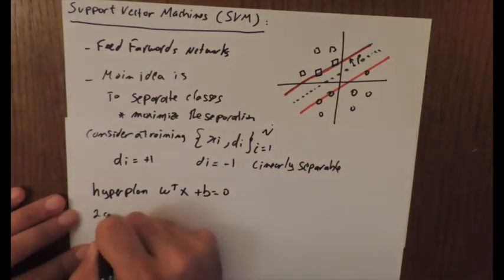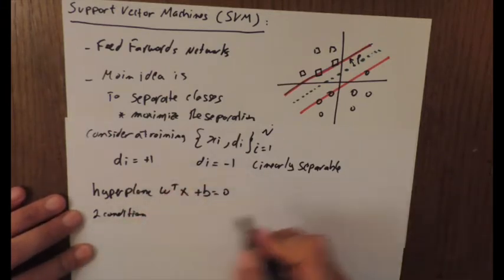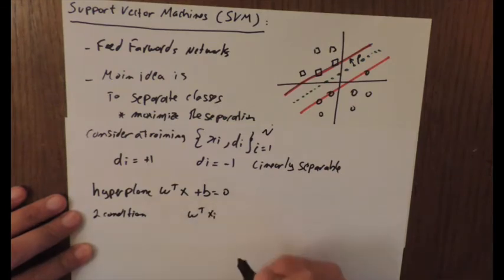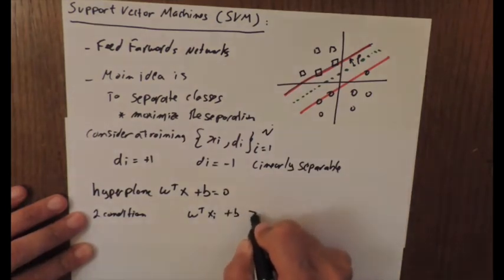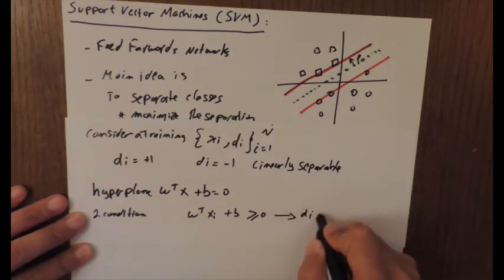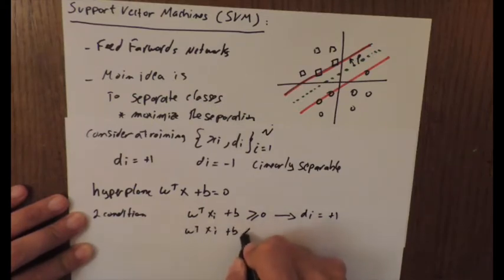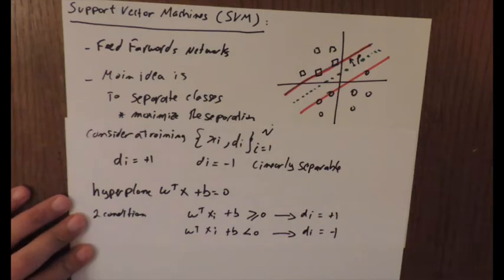If W transpose xi plus b is greater than or equal to 0, this implies di belongs to the first class, +1. And if W transpose xi plus b is less than 0, this implies di is equal to -1. This is the basic separation between those two classes.